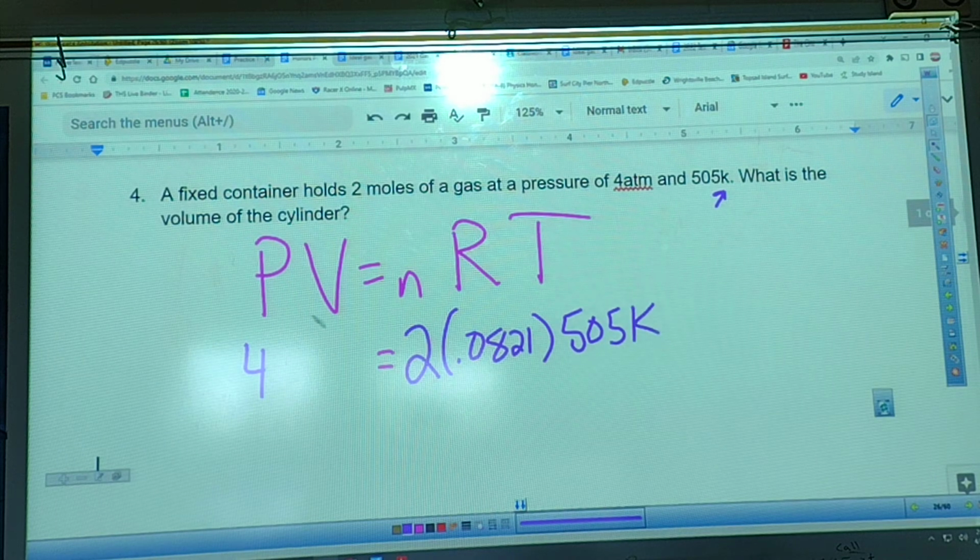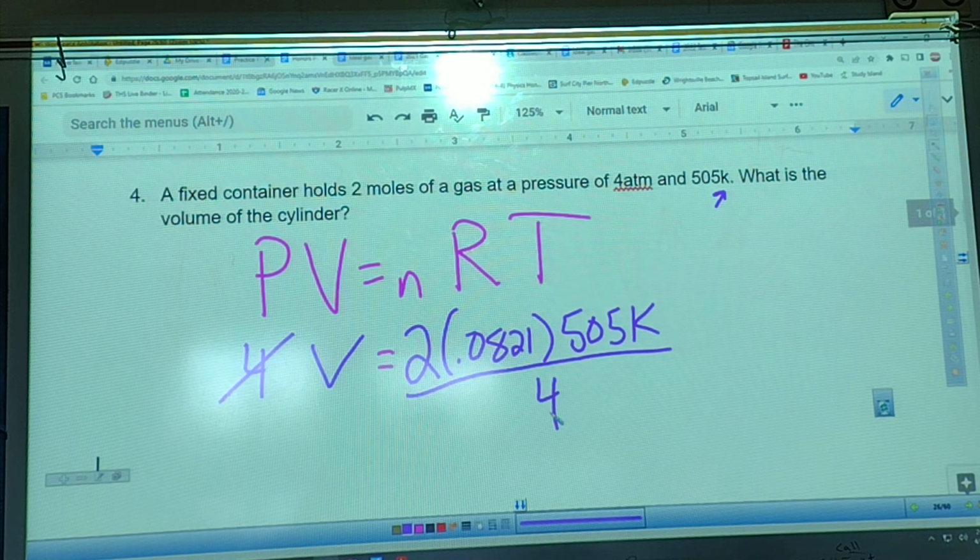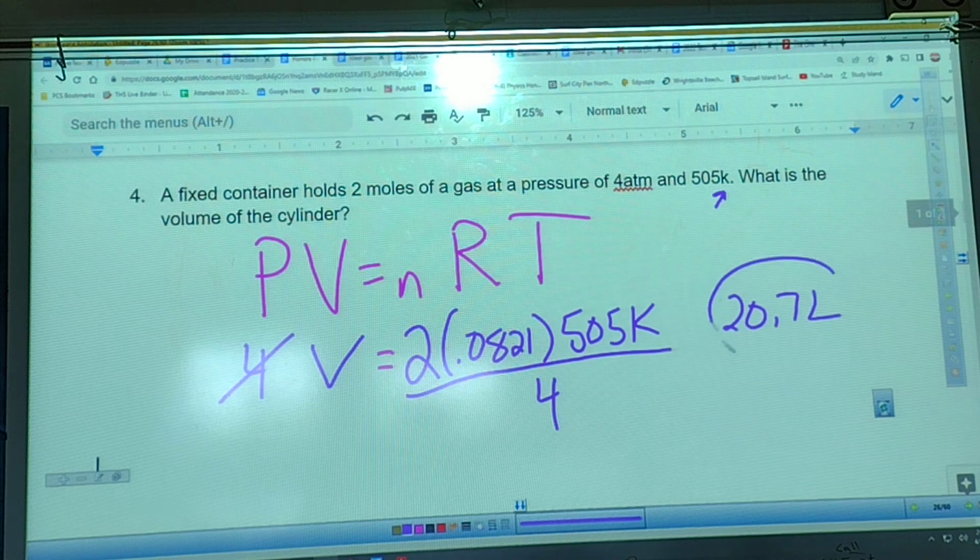And we got to find out what is the volume of this cylinder. Take the 4, put it down here. Some middle school math there. 2 times 0.0821 times 505 divided by 4 equals. I got 20.7 liters. 20.7 liters. All right, let's keep going.